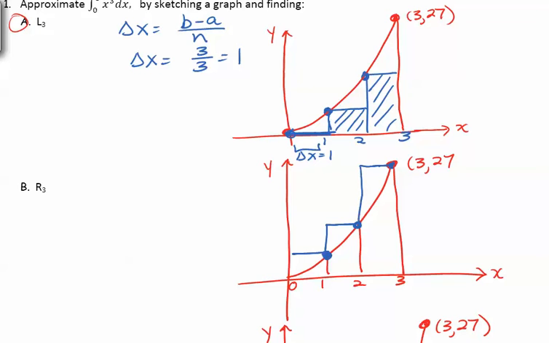So we can see that our first rectangles are too small and our second rectangles are too big. They go above the curve. But the height of each rectangle is simply a y-coordinate. So let's take this point, for example, and analyze it. That point would be at 2, f of 2. So our y-coordinate comes from plugging in the x-coordinate, the x sub i's, as we're going to call them.